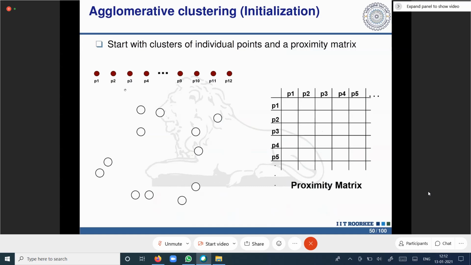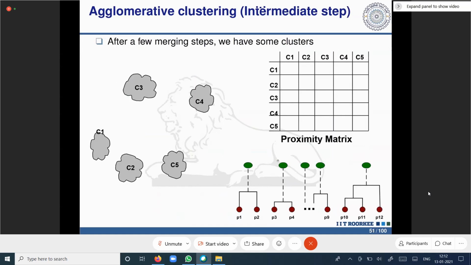All right. So initialization: start with individual points as clusters and a proximity matrix. Initially we consider all the points as different clusters, and then we find the proximity matrix, which is the distance between them. After a few merging steps, we have some clusters.